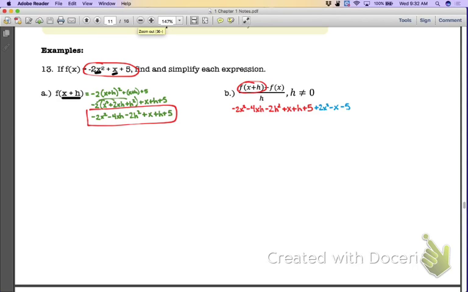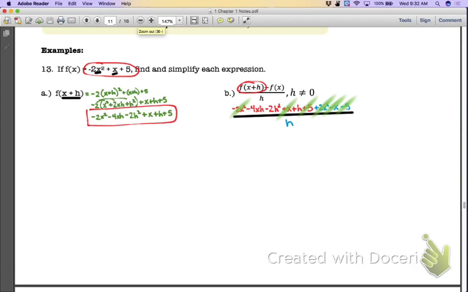Everything's over h, so h is here. Now, is there anything that's going to go away or cancel? The 5s. So the 5s go away. What else? The x. Anything else? The 2x squared.